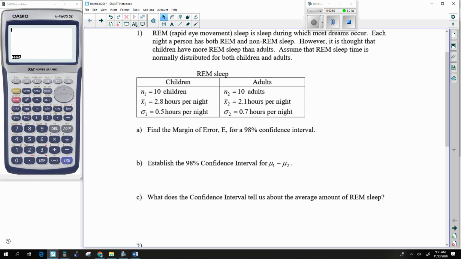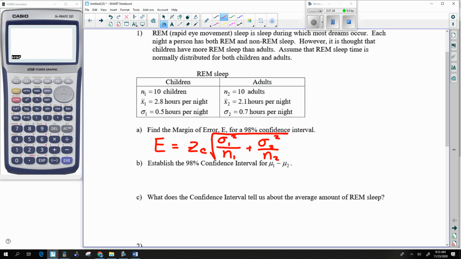So again, obviously, we will talk about how to make decisions and how to write things in this video. Let me just put up some of the formulas that we'll need to know to be successful. Question A is first asking for the margin of error. So our margin of error in this case is going to be ZC times the square root of sigma 1 squared divided by N1 plus sigma 2 squared divided by N2.